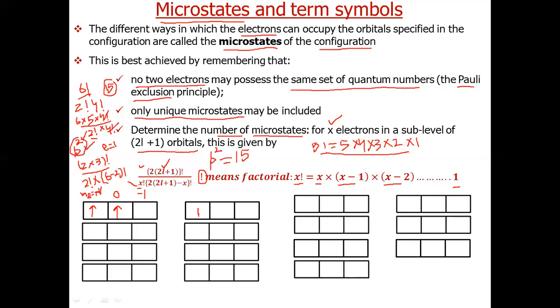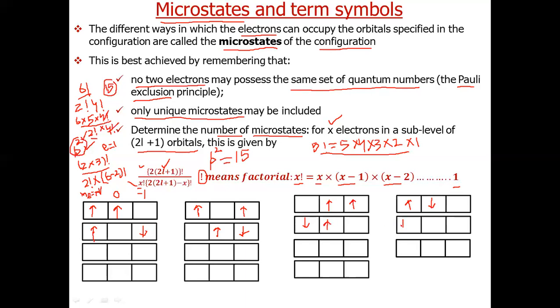Now the second arrangement which is possible is, this electron can be here, this electron can be here. Third, this can be here, both are clockwise. Next possible is this clockwise, this anti-clockwise spin. Next is this clockwise, this anti-clockwise. Next is this anti-clockwise, this can be clockwise.